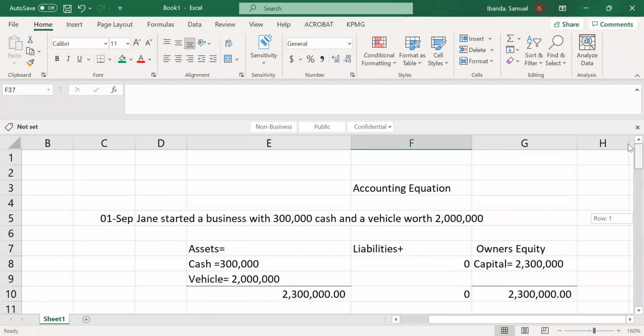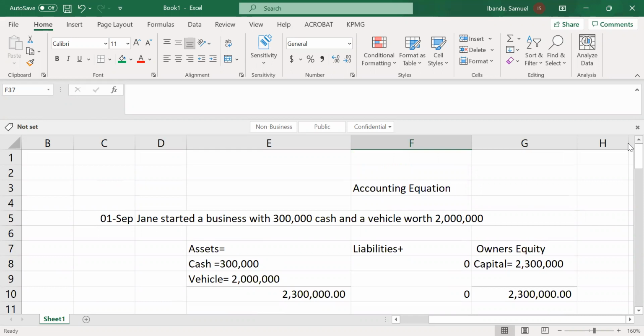Okay, if there is no other question, I now want to comment on the ledgers, the double entry, as requested by Stella. I'm going to give you what to debit and what to credit. I believe that right now you know how to draw up a ledger.